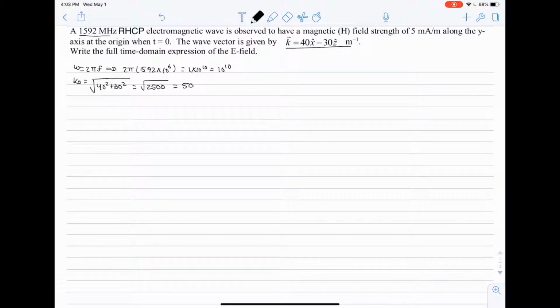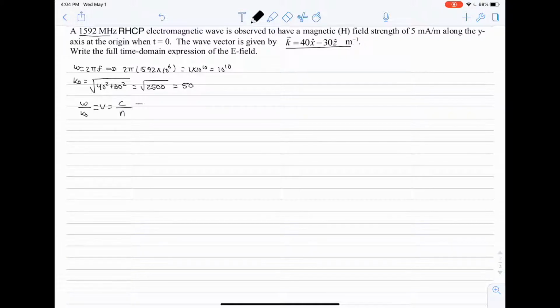So using the equations, omega over K naught equals V, we know that V equals c, which is the speed of light, over n, which is the index of refraction, which we're trying to figure out.